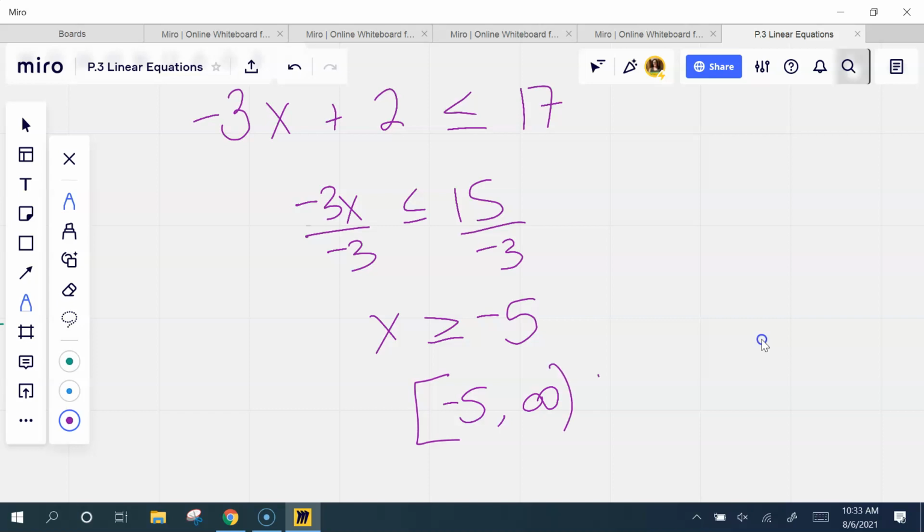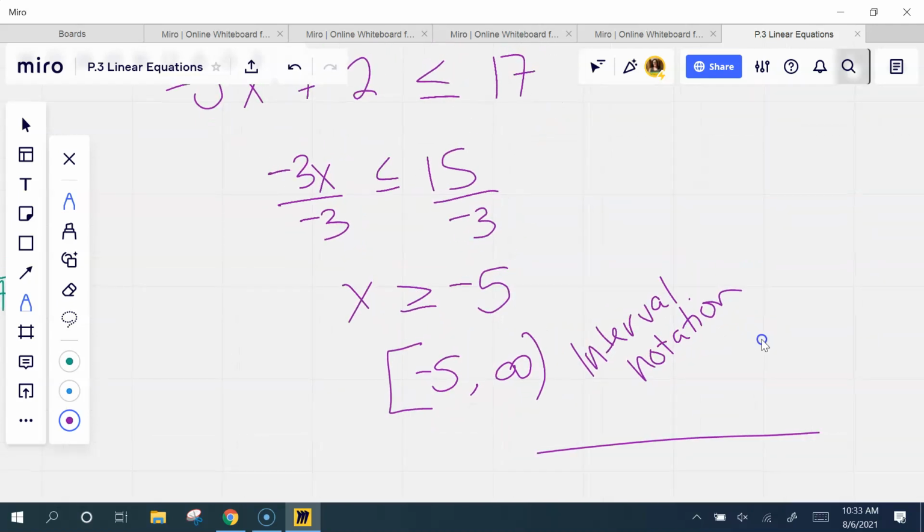This is called interval notation. You could graph it. No, we're not going to graph it, but if you were graphing it, it would be on a number line at -5 going to infinity.